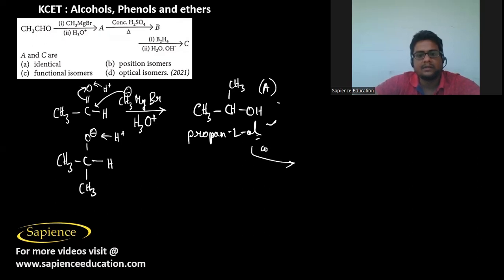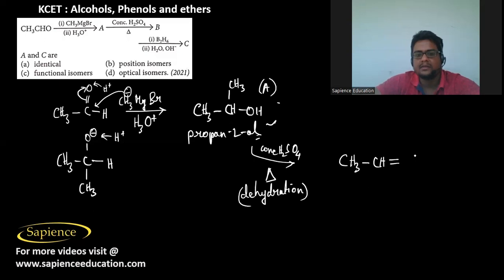Then when concentrated H2SO4 is used and it is heated, we will have a dehydration reaction. H2O will be removed and it will form an alkene, propene, which is the compound B.